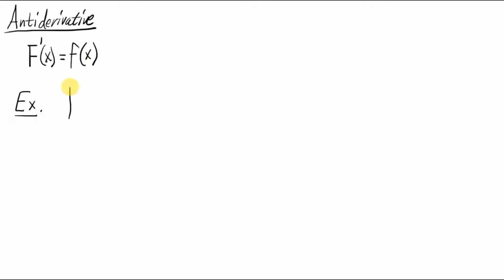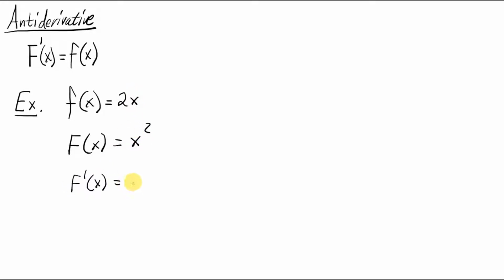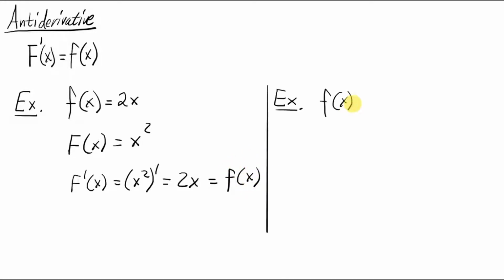For example, if f of x is equal to 2x, then an antiderivative of this is x squared, since if you take the derivative of this one, we will get this one. That is, take the derivative of this, we will get 2x, which is equal to f of x.